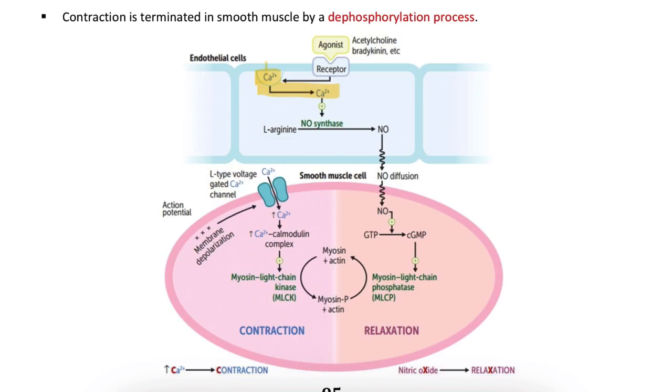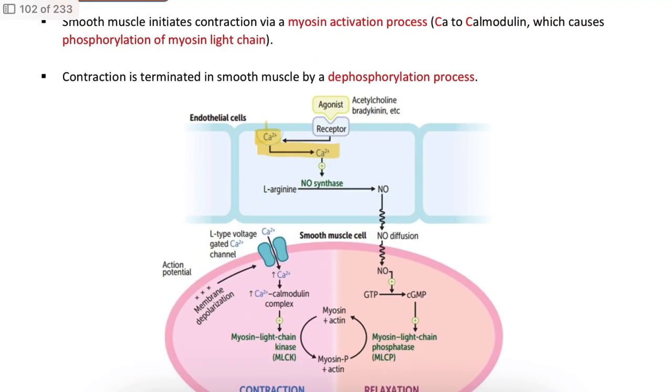They open ligand or voltage gated calcium channels, and calcium enters the smooth muscle cell. Then we can see calmodulin activation. CA means calmodulin activation, you can easily remember it. That means the myosin activation process, also known as calmodulin activation.